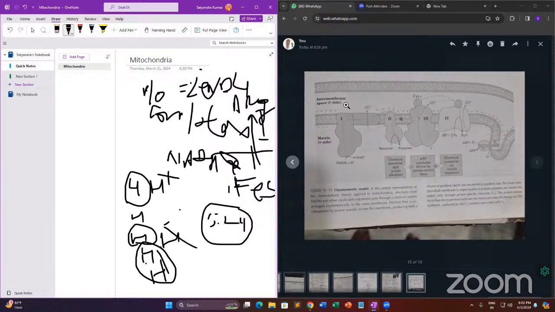The mitochondria has another system known as cytochrome P450 oxygenase. The cytochrome P450 oxygenase is the enzyme that is required for the synthesis of cholesterol, and it is present in the membrane of the mitochondria.